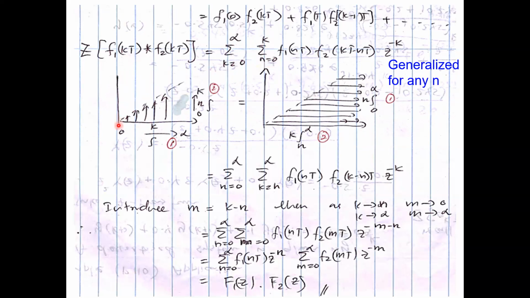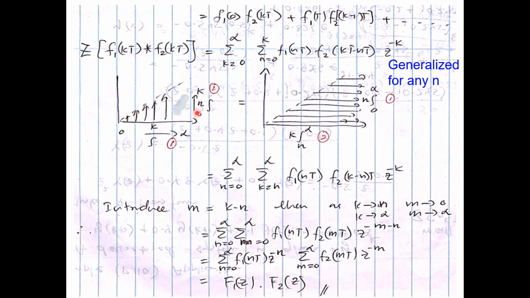So you go along the k-axis from 0 to infinity, and for every k, let's say you are here, you have the second summation n from 0 to that k. So it's a 45-degree line here, and this is the surface summation, or double summation.